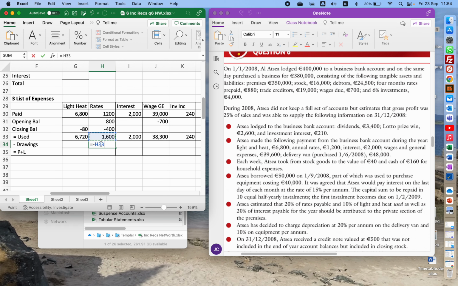Okay, so it's going to be 1600 times 20%. 10% of light and heat used, so the light and heat used was 6720, the figure down the bottom. So it's 10% of that.